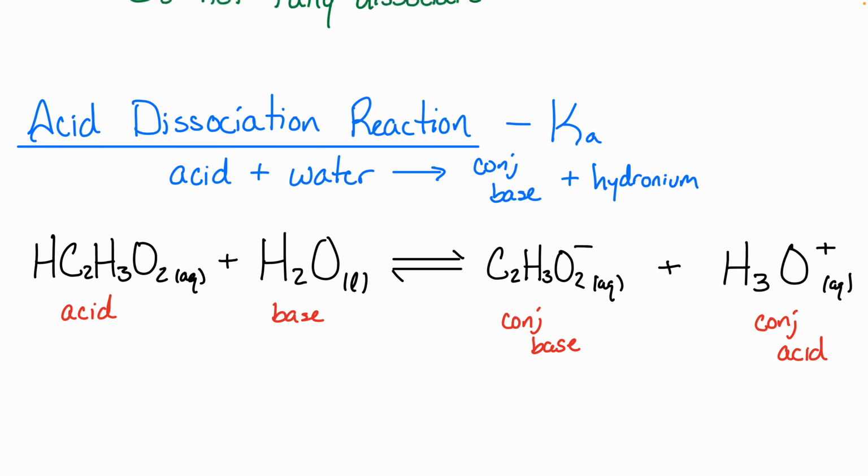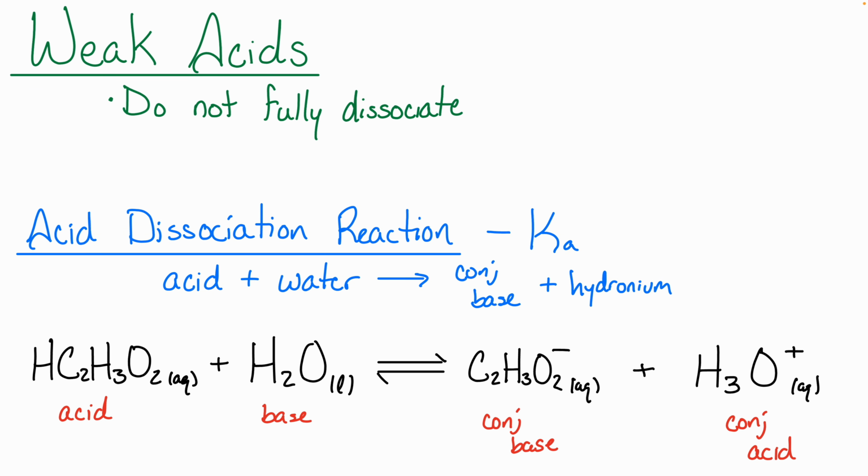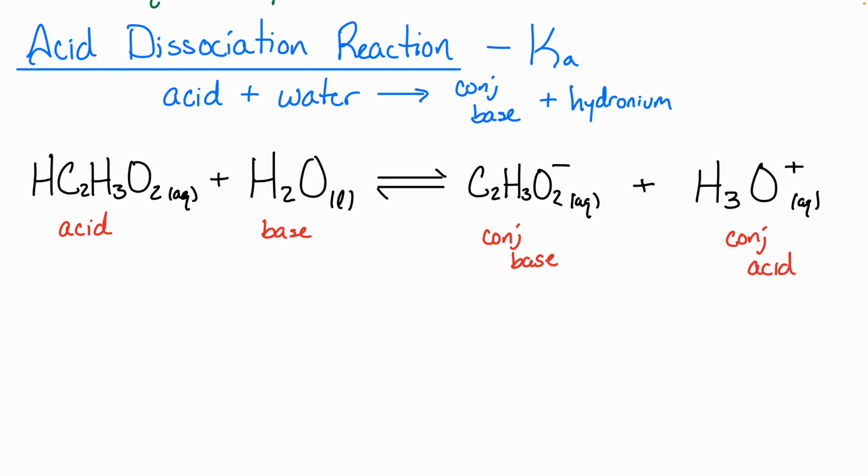All right, so what's going to make weak acids different than how we treated strong acids is that these are going to be equilibrium problems. We're going to have to dig back into what we learned in the previous chapter in order to solve these weak acids. All right, so what do I mean by that?